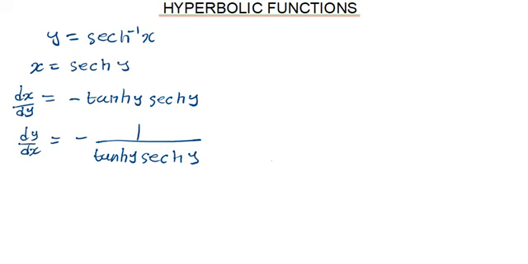Okay, so we know what our hyperbolic secant is, which is our x, but we want to find out what our hyperbolic tangent of y is. So from the identities, we are told that hyperbolic tangent squared of y is equal to 1 minus hyperbolic secant squared of y.